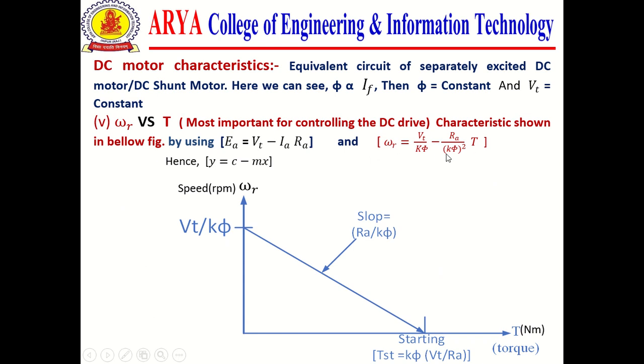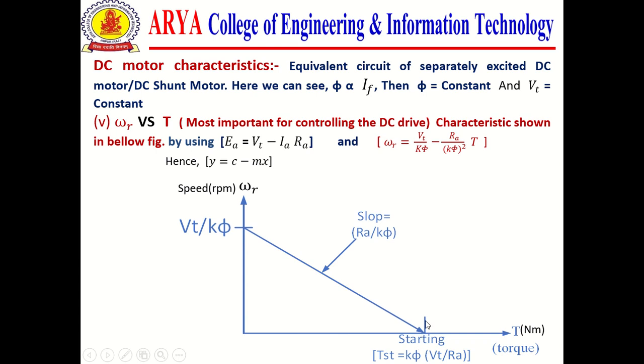With the help of this relation, the speed in RPM of the separately excited DC motor changes if torque changes. Here you can see this is the starting torque. We take two conditions. If x-axis is 0, then y equal to 0.